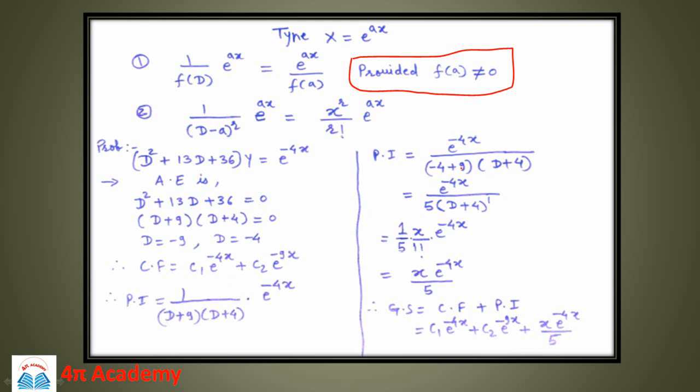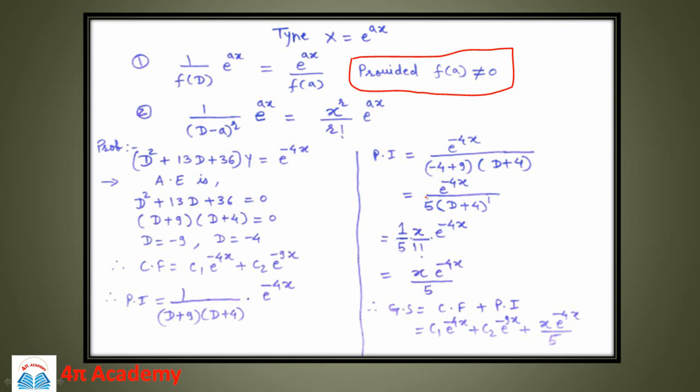So here I can substitute the value of a, and I first calculate it by keeping this D plus 4 as it is for this term. So it will be e raised to power ax, so it is e raised to power minus 4x divided by f of a. By substituting the value of a, it doesn't become 0, and therefore it will be minus 4 plus 9, so that is 5.